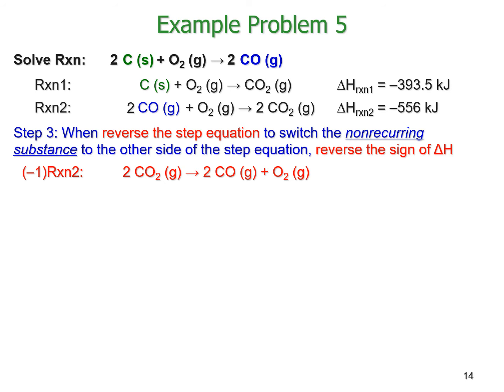If you want to reverse the reaction, we have to change the sign, right? So we multiply delta H of this reaction 2 by -1. This is how we change the sign. And we do the same on the reaction, so we multiply reaction 2 by -1 this way. So we understand we reverse the step reaction.